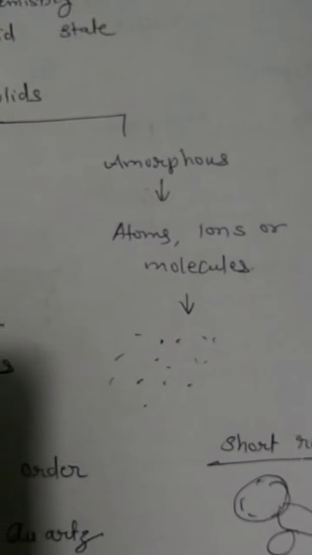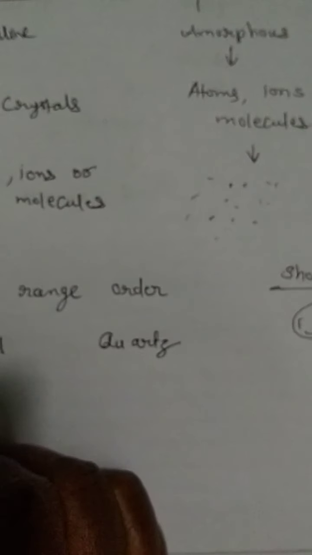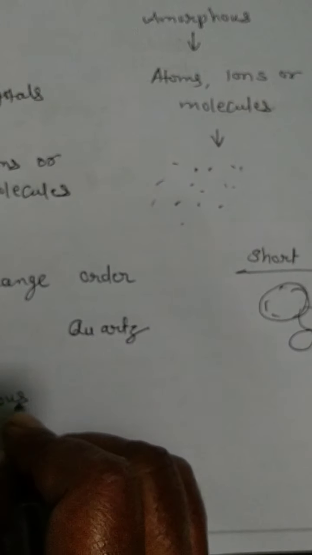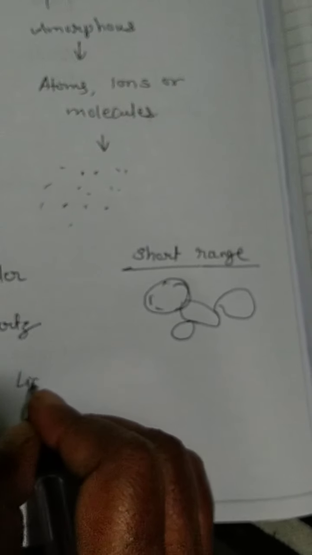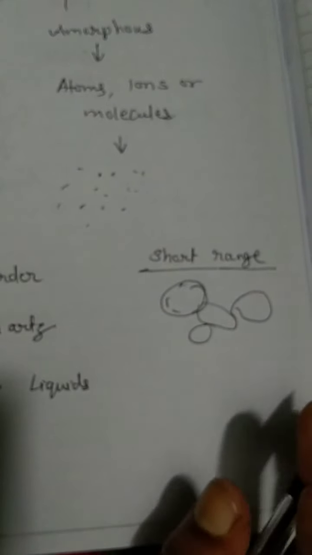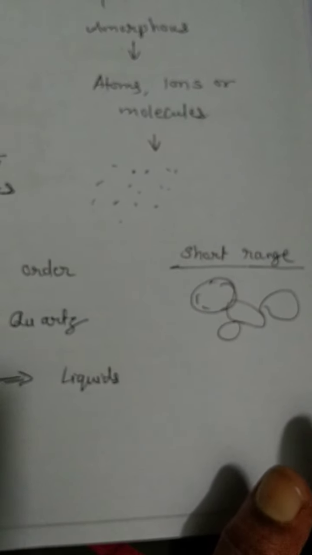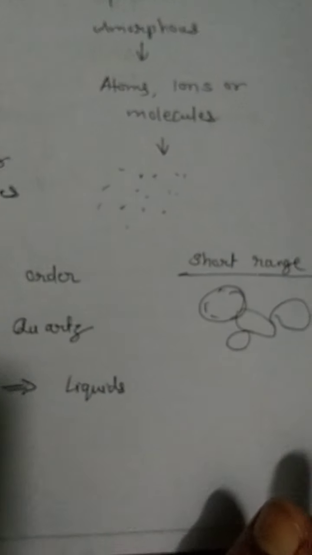Now the structure of amorphous solid. The structure of an amorphous solid is similar to that of liquids. Glass, rubber and plastic are typical examples of amorphous solids.